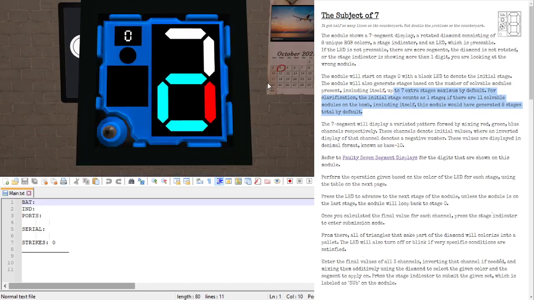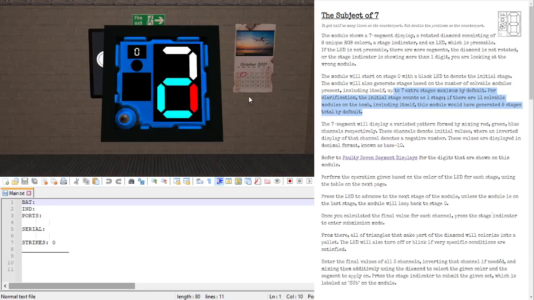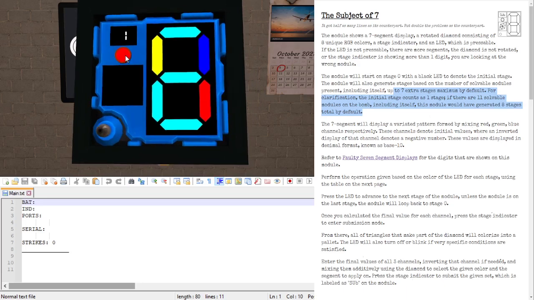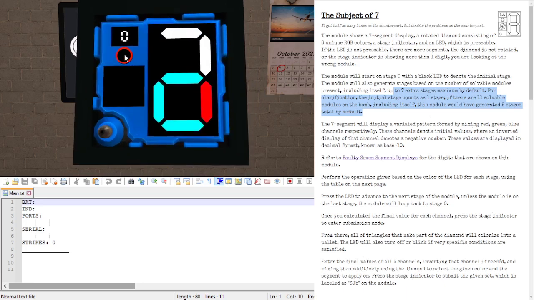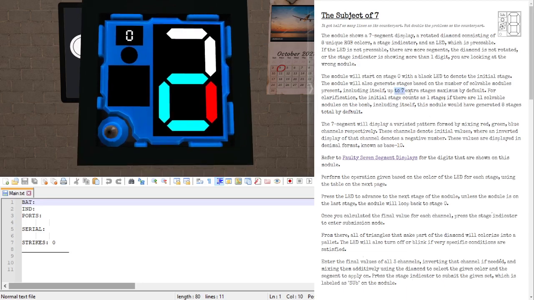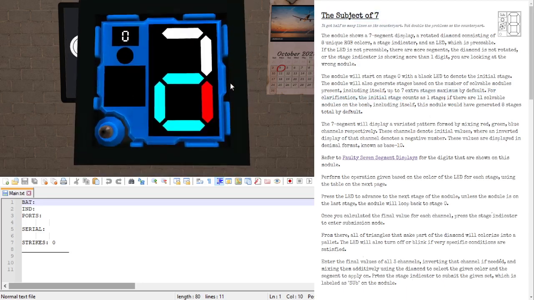Since we have just one solvable module on the bomb, including the module 7 itself, there's only one extra stage. However, the maximum amount of stages that can be generated is 7. That's probably why this module is called 7. So you can have 8 stages, the initial plus the 7 extras.